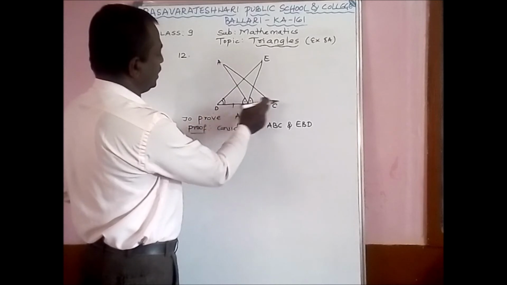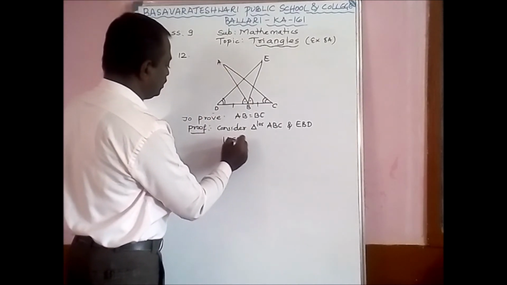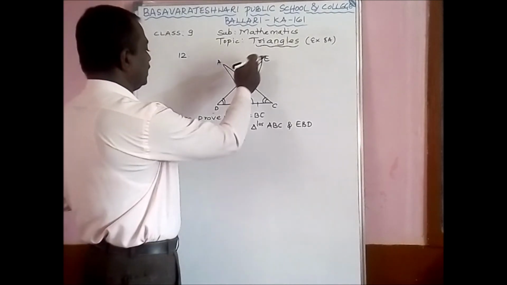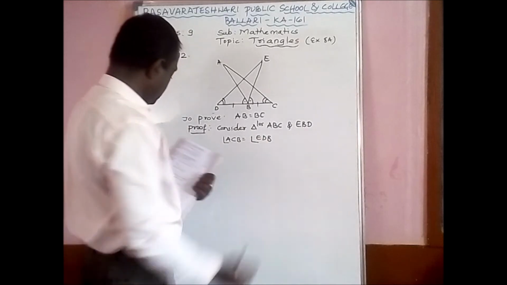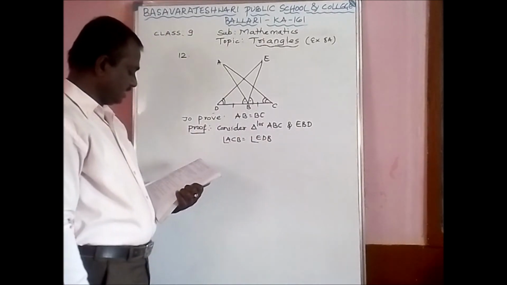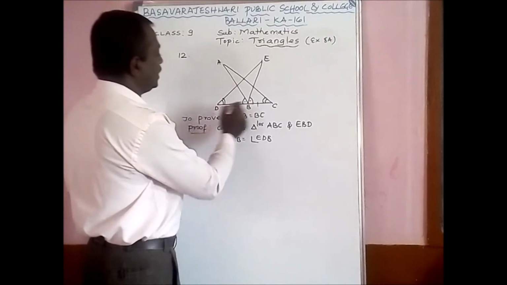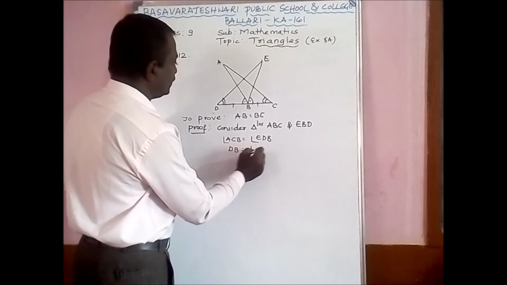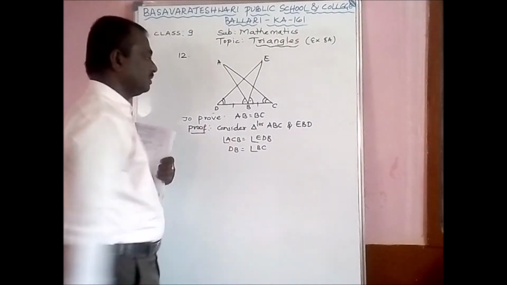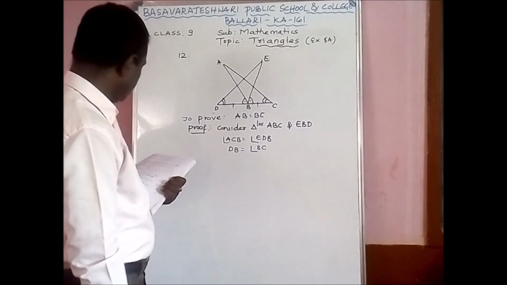Angle ACB is equal to angle EDB. Correct? Next, one side is also equal. DB is equal to BC. So one side is also equal.